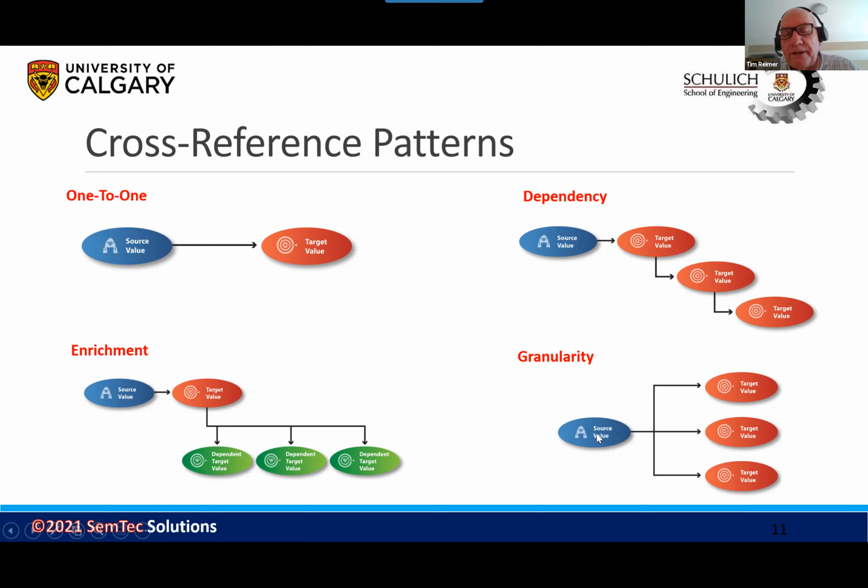And then the fourth one that I identified is the granularity. That is when I have a value coming in, like a product code, and I have multiple product codes that I have to make a selection from. The question now is, of course, which one do I pick from the three that I have here?